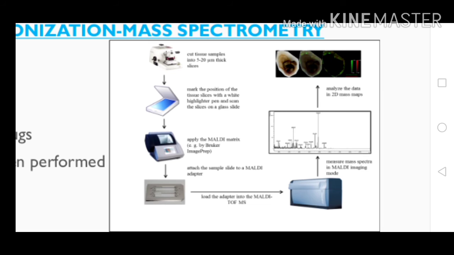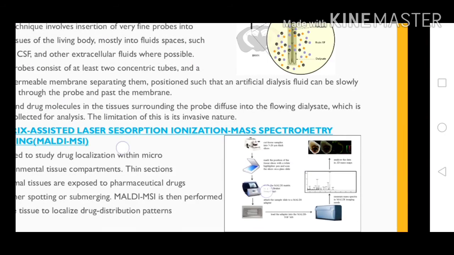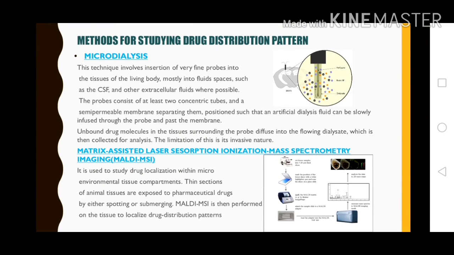Here it is given as MALDI TOF MSI. Then a graph sort of spectra is found, where they query further analysis, and the data is analyzed as a 2D image. This is to find out how efficiently the drug is distributed, and to carry out further studies on the distribution patterns.